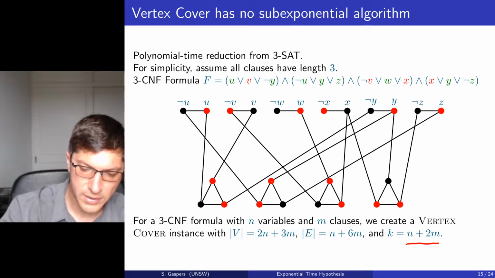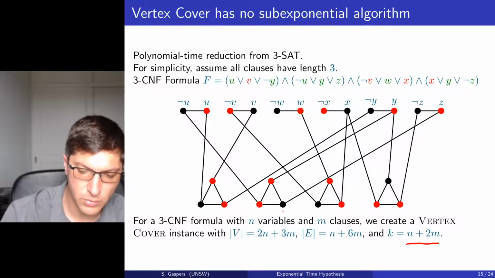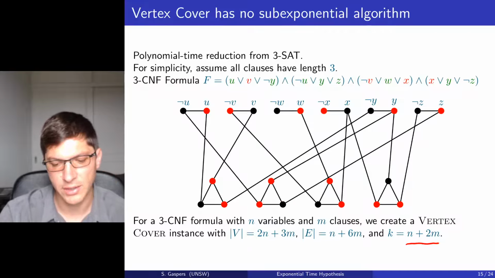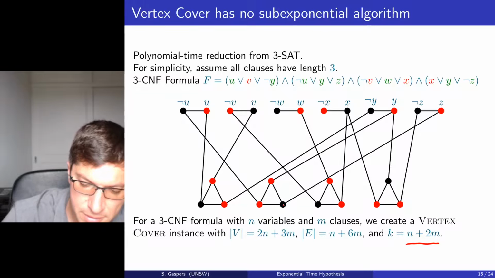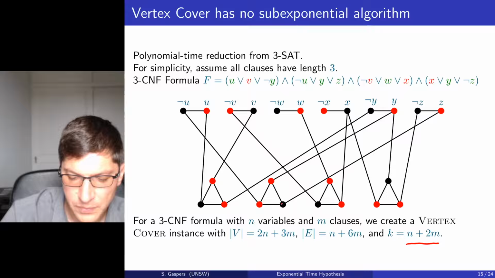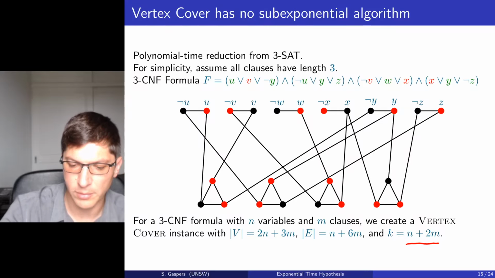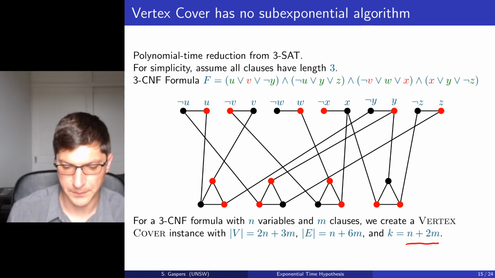So since for every triangle we add exactly 2 vertices into the vertex cover, there's always exactly 1 vertex that's not added into the vertex cover. And that's why the edge that goes from this literal that's not in the vertex cover must be covered by the corresponding literal in the variable gadgets. And that literal will satisfy the clause.